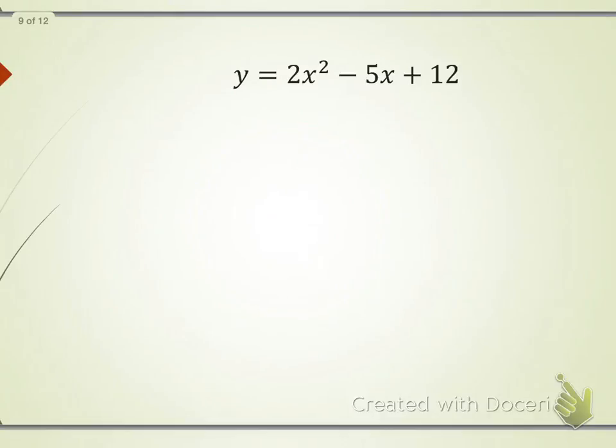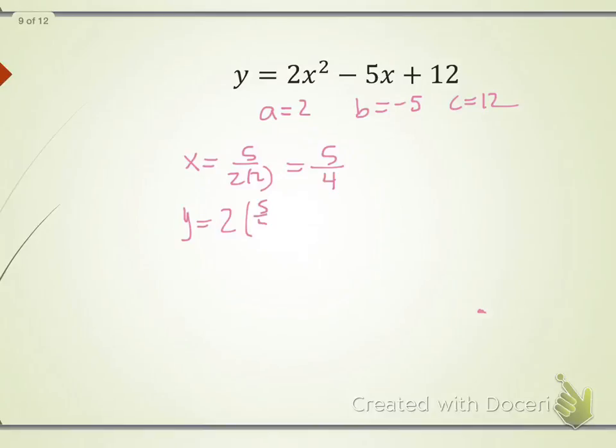Okay. a is 2, b is negative 5, and c is 12. So I got x is equal to negative b over 2 times a, so x is equal to 5 over 4. So when we plug it in, we got 2 times 5 over 4 squared minus 5 times 5 over 4 plus 12.